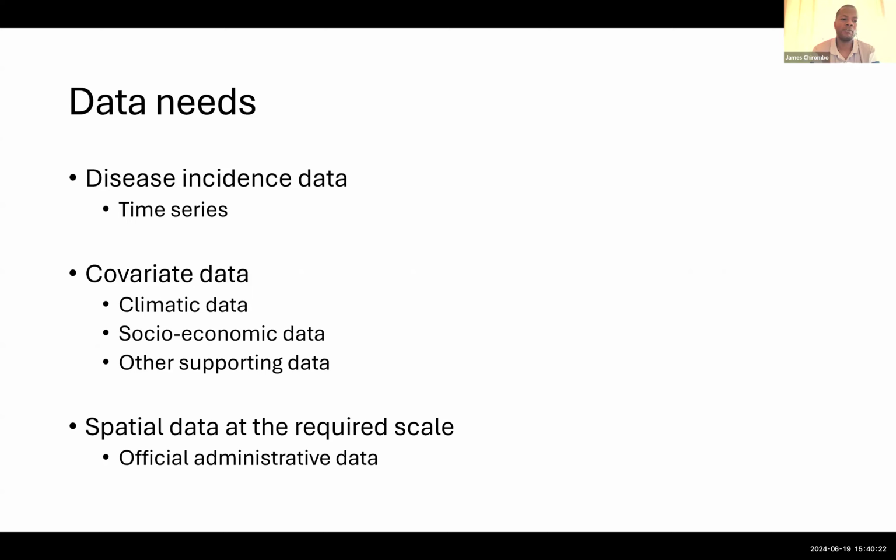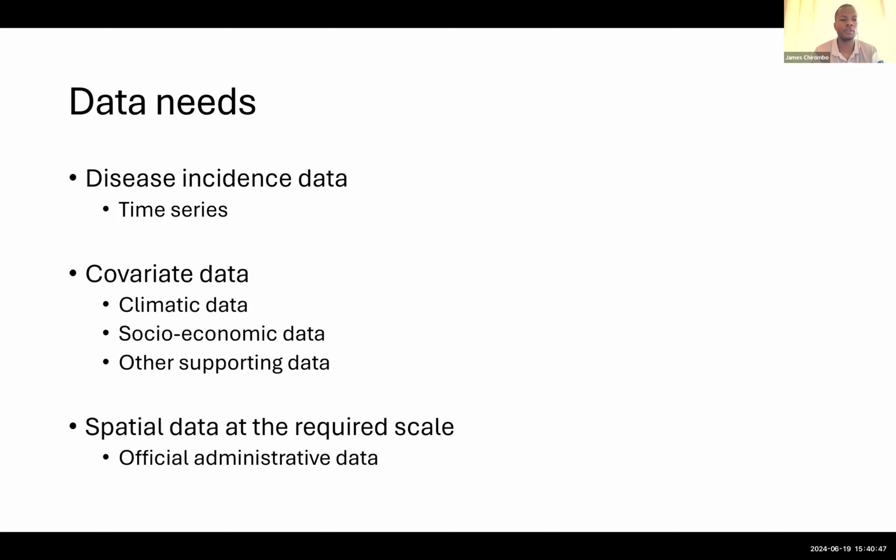You might also need to have access to some data, which I'm calling covariate data, including the climate data itself. So how does the disease outcome change with climate data? But in addition to the climate data, there might be some other factors that are possibly affecting that interaction. So it might be important to take account of them in your analysis.